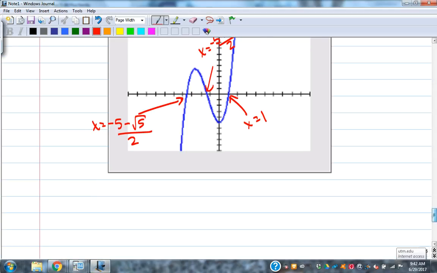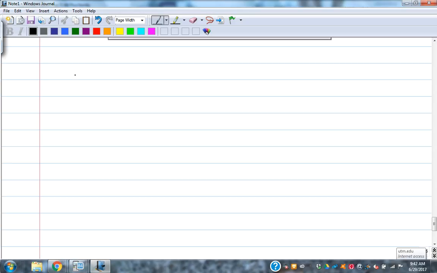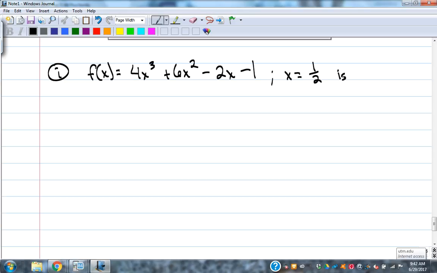Let's look at another example here and see what we can do with it. Example I. Let's say we had f of x is equal to 4x to the third plus 6x squared minus 2x minus 1. x equals 1/2 is a 0. All right, so we're going to run 1/2 through using synthetic division. It's a fraction, but that's okay. It's not a big deal.